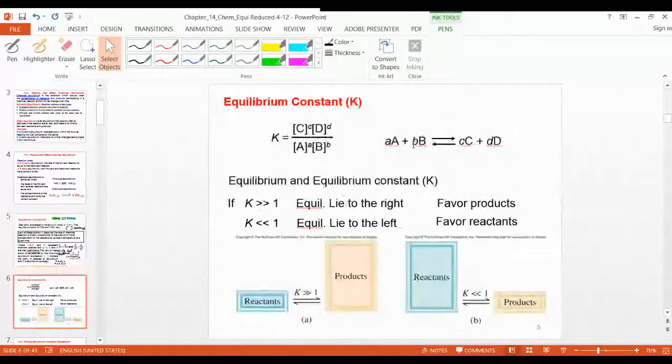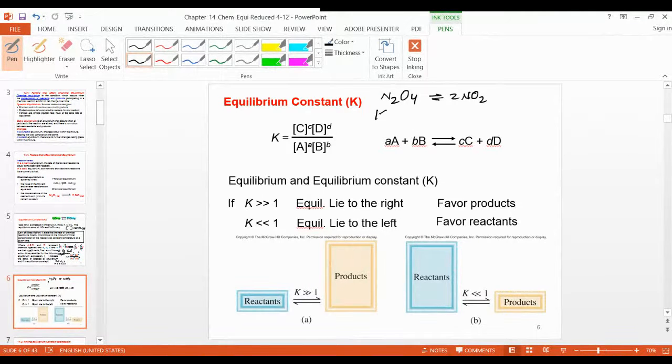N2O4 and 2NO2, right? Suppose I write this reaction here: N2O4 gives you 2NO2. According to the law of mass action, how do we write the chemical equilibrium expression?